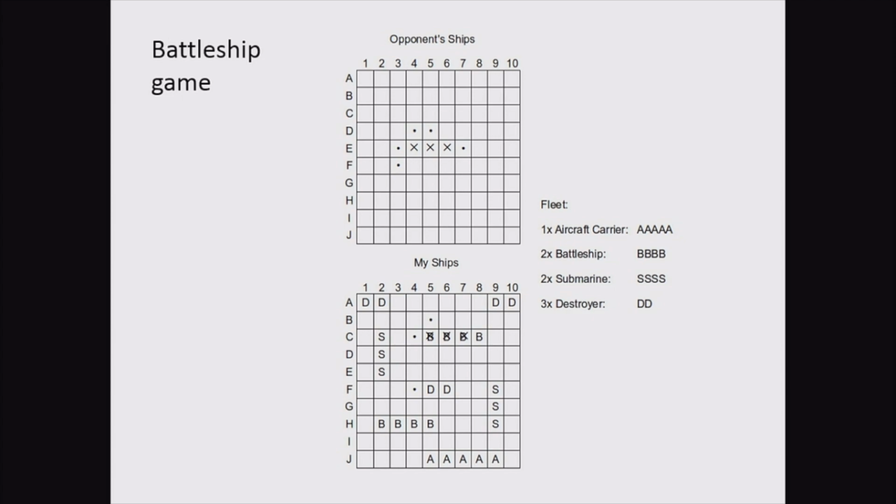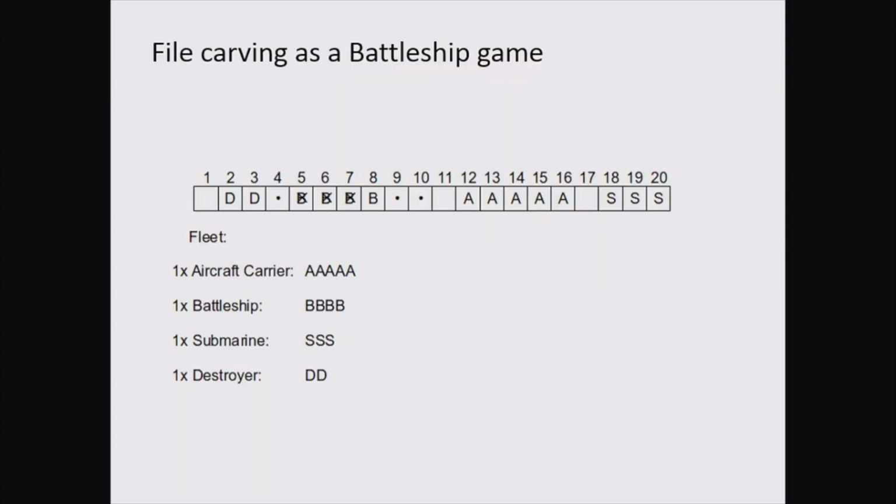And then we realized that file carving is like Battleship Game on a Suez Canal, where you have all the files along the canal and you can bomb them with a file carver testing particular disk blocks. Now the strategy that's guaranteed to find everything is to start at block 1 and methodically bomb every square on the canal. But that's not how humans play it, and there is a good reason for that.